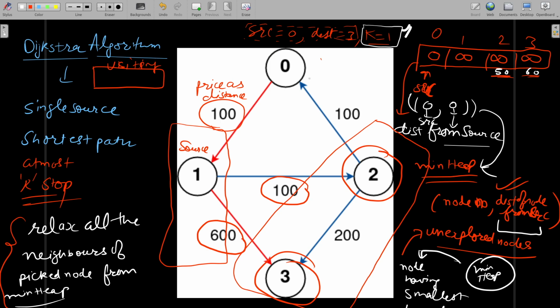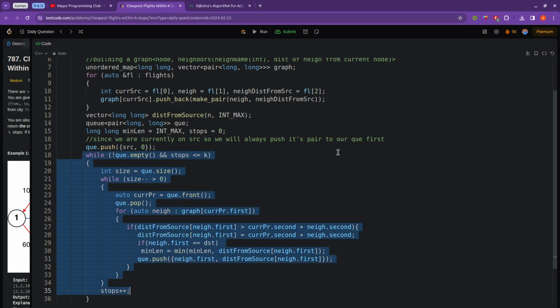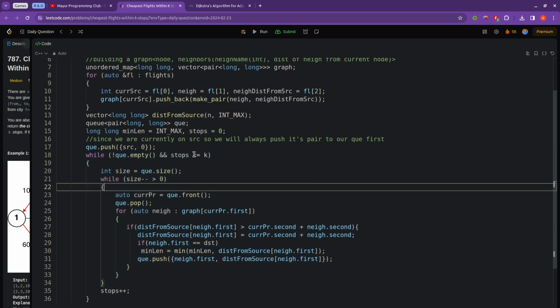So what is left out? Only this thing is left. So it will be your level 0, level 1, and level 2. So in total there will be 3 levels.